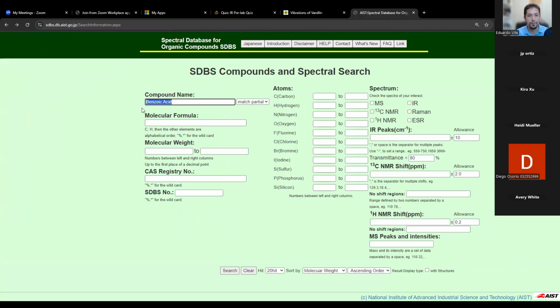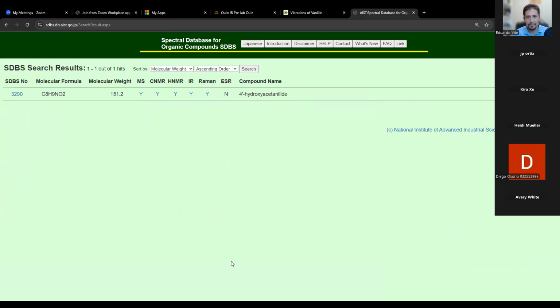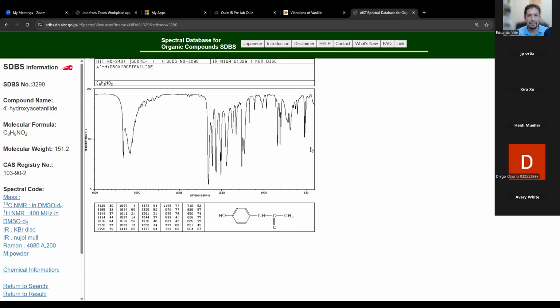Let's do acetaminophen. You can just click search. And then you see it's the only result, and it has the IUPAC name. So again, good time to practice your nomenclature. I'm going to click Y. And there's acetaminophen right there, you see? And you have your carbonyl at 1700.